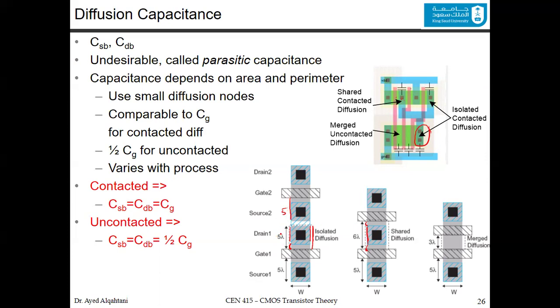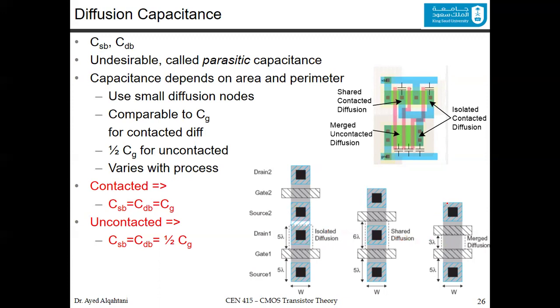So you have another 5 lambda and you have the spacing between them as well. That is if you do it as an isolated diffusion. But in design, we don't recommend this. We usually either have a shared diffusion that is contacted or not contacted.